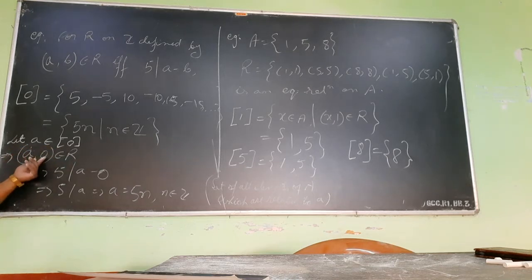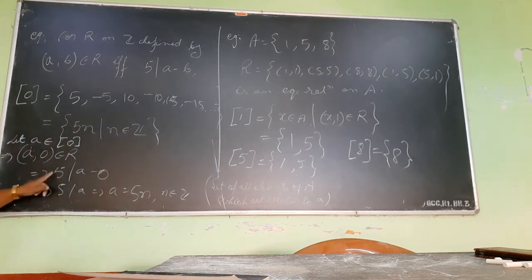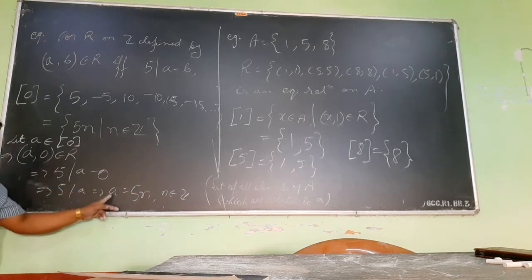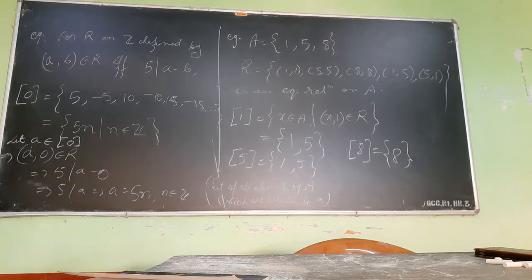Or equivalently, you can write (0, a) belongs to R, because R is an equivalence relation, so it is already symmetric. So if a is inside the equivalence class of 0, then (a, 0) is in R. What does that mean as per the definition? It means that 5 divides a minus 0, that means 5 divides a. So a can be written as 5n such that n belongs to integers.